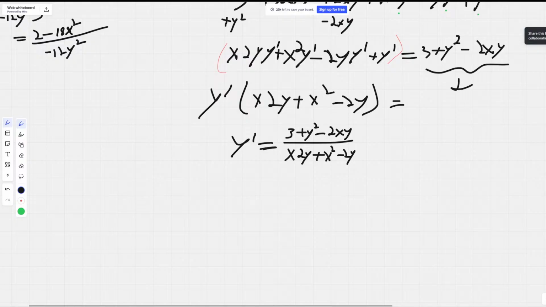Y prime, write it down in my handy dandy group work, as it's called for some reason, because we can work on it in a group, I suppose, every once in a while. 3 plus y squared minus 2xy all over x 2y plus x squared minus 2y. Oops, almost missed that.